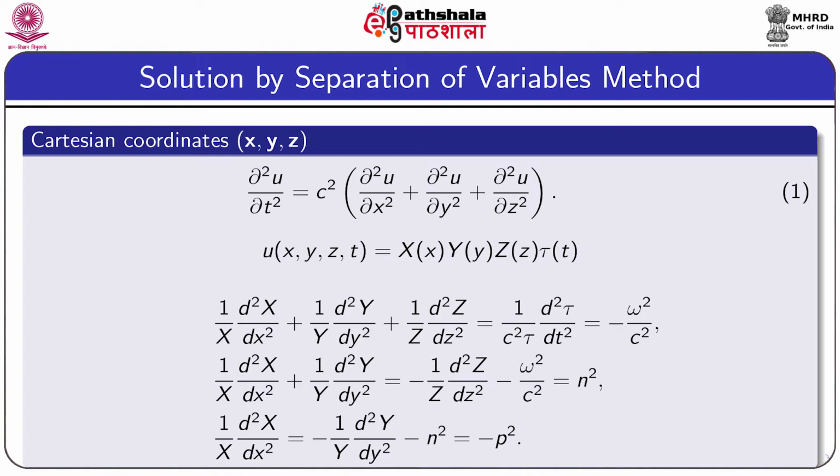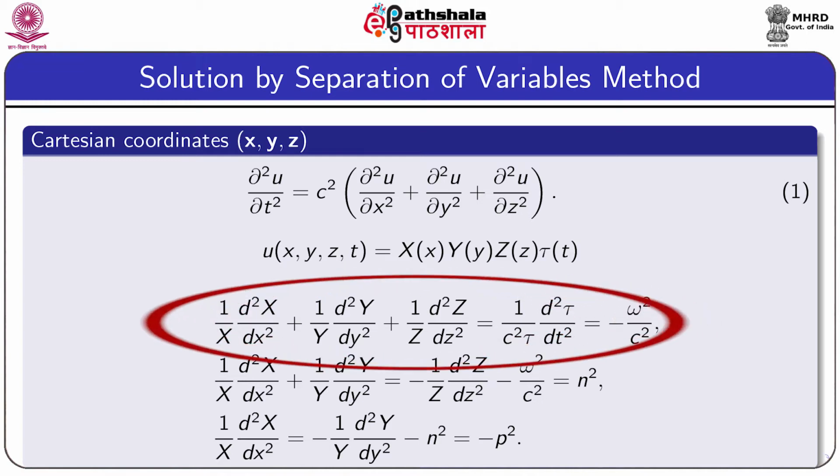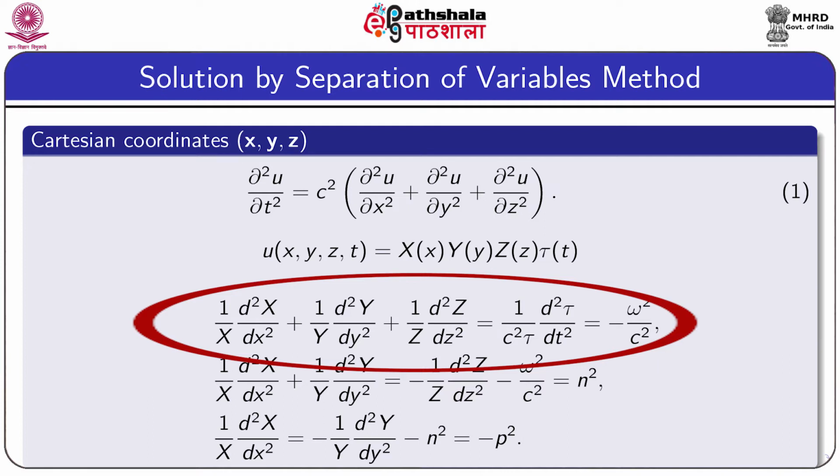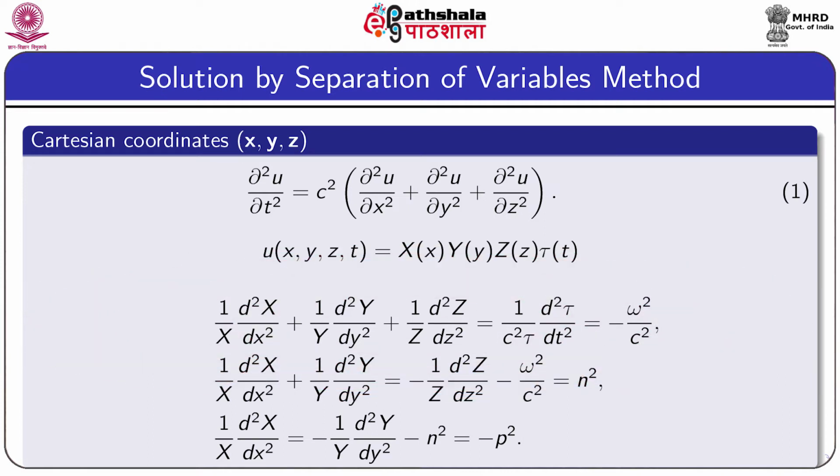Now substituting this solution into equation 1, we get the equation written here: 1 by X d2X dx square plus 1 by Y d2Y dy square plus 1 by Z d2Z dz square equals 1 by c square tau d2 tau dt square.